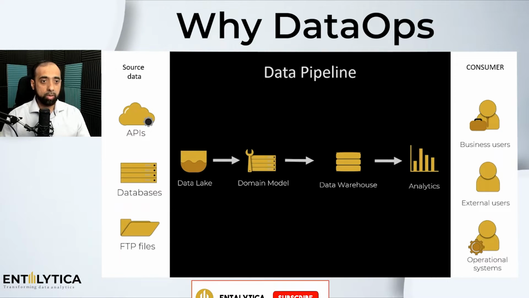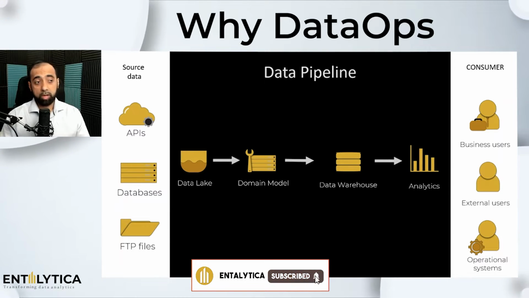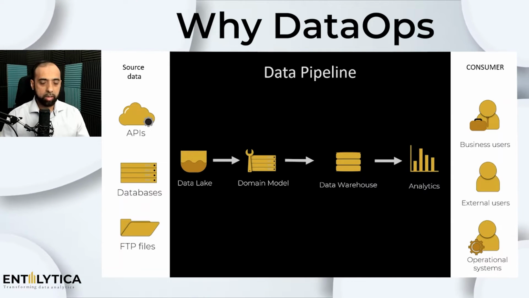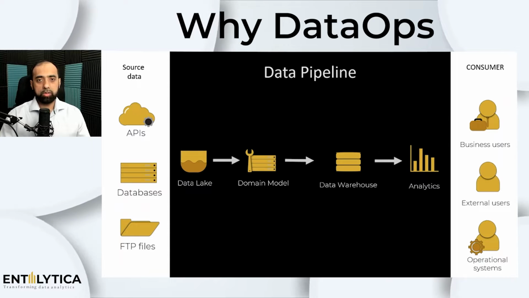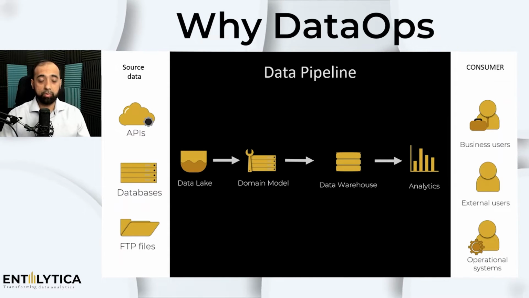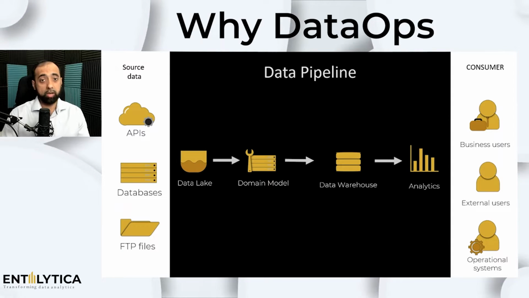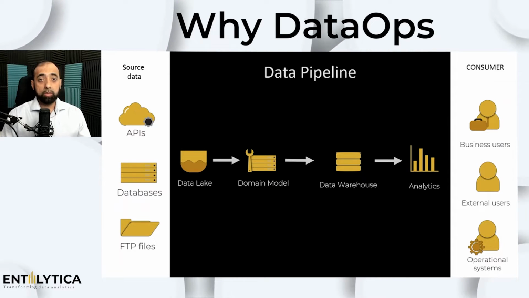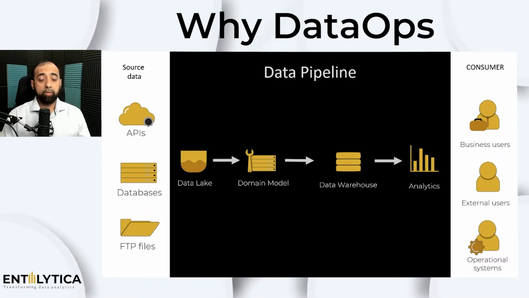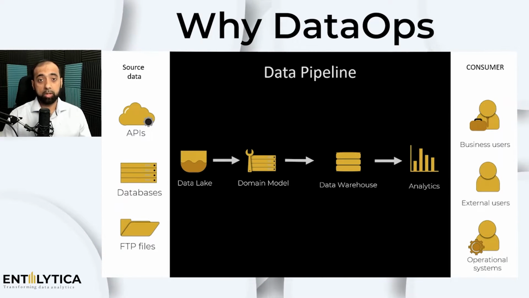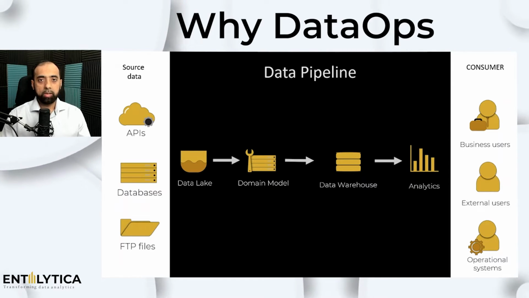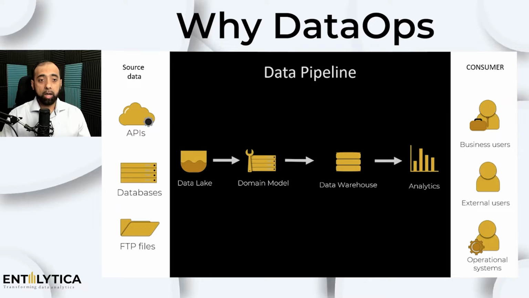So for example, operational systems might start reading data from the data model, domain model directly, because they don't need a lot of curation. They just need different data from different sources joined and just shared. Data science use cases for generating test data for ML models might also just come right off of the domain model stage of your pipeline.